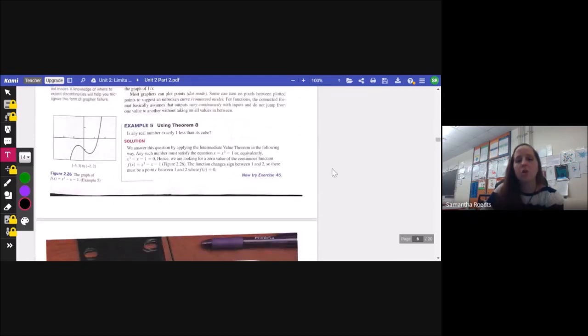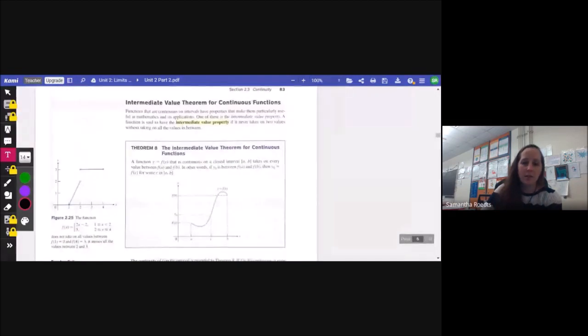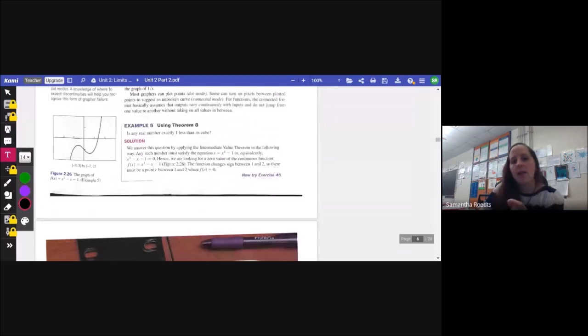Okay. So example 5, using theorem 8, the intermediate value theorem for continuous functions. Is any real number exactly 1 less than its cube? We can answer this question by applying the intermediate value theorem in the following way.